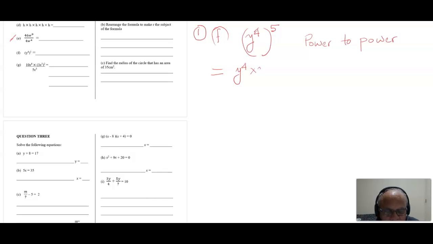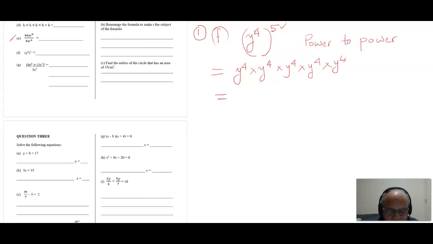That's what the meaning of index is. Y to the power 4, I'm going to multiply that 5 times, because that is the power raised to the power 5. Y to the power 4 raised to the power 5.